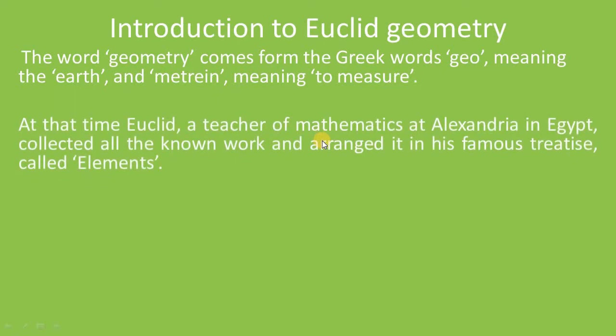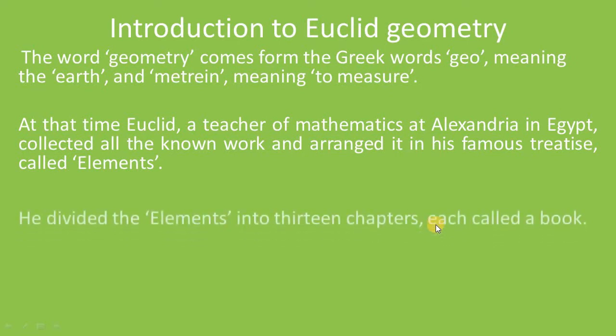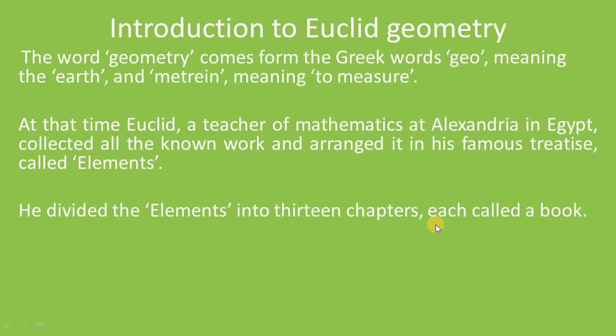At the time, Euclid, a teacher of mathematics at Alexandria in Egypt, collected all the known work and arranged it in his famous treatise called Elements. He divided the Elements into 13 chapters, each called a book.